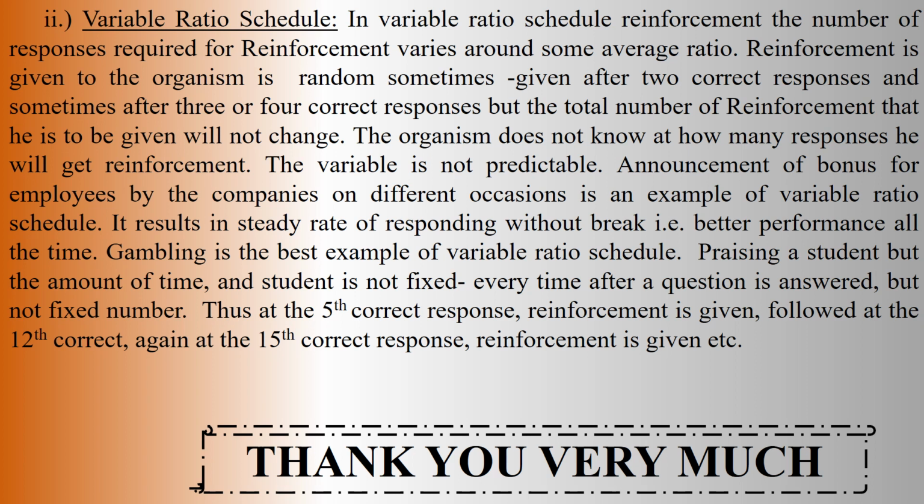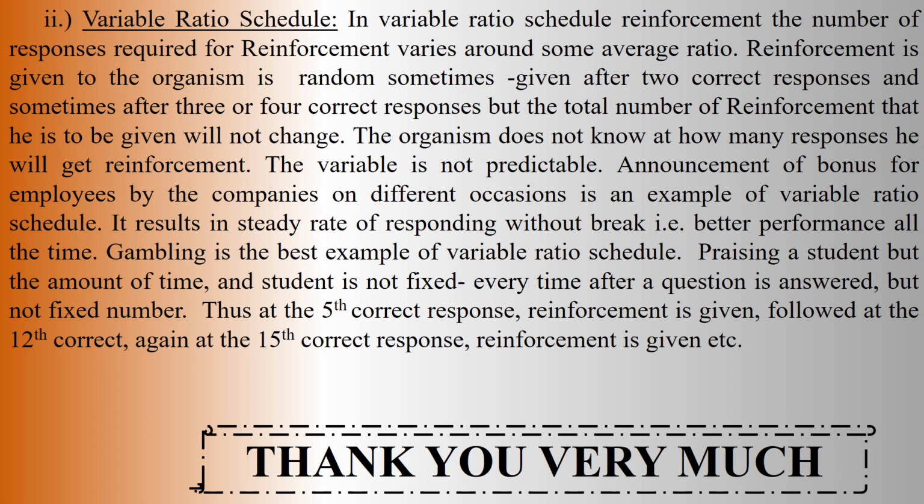Announcement of bonus for employees by the companies on different occasions is an example of variable ratio schedule. It results in steady rate of responding without break, that is, better performance all the time. Gambling is the best example of variable ratio schedule.